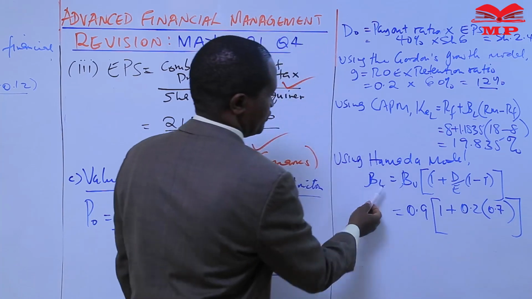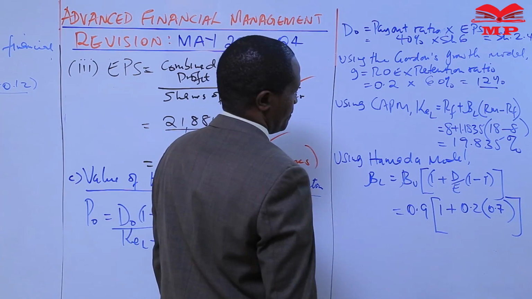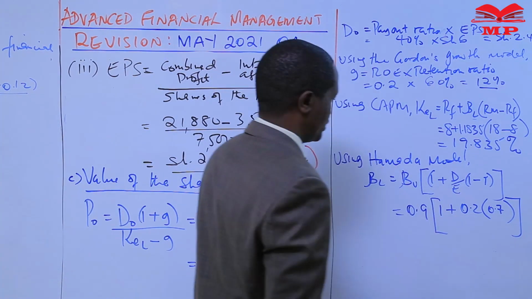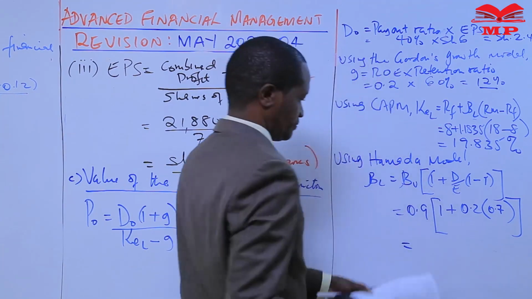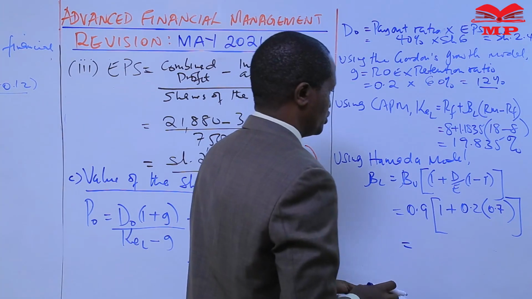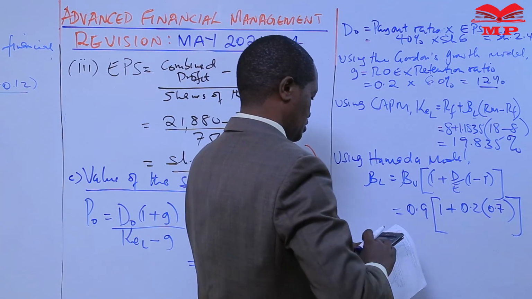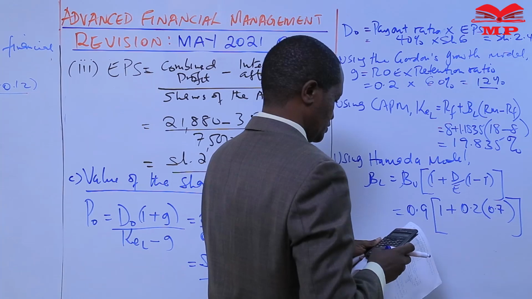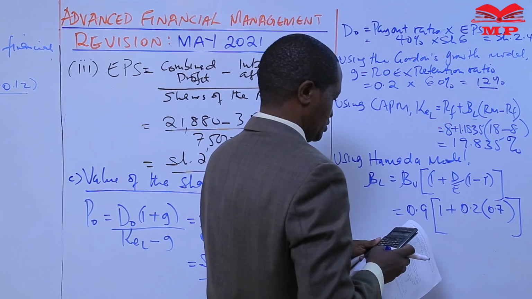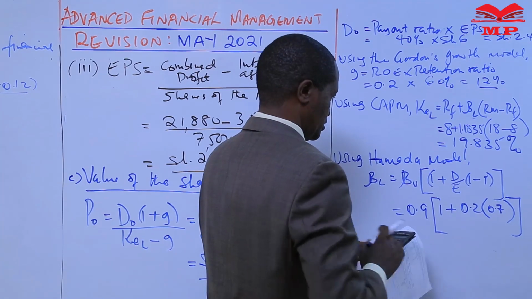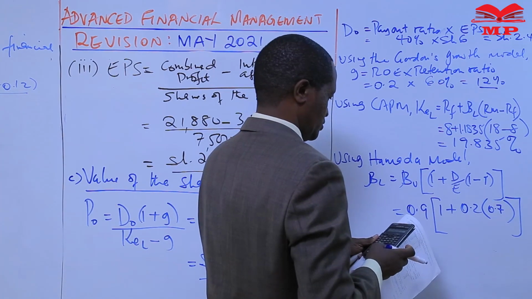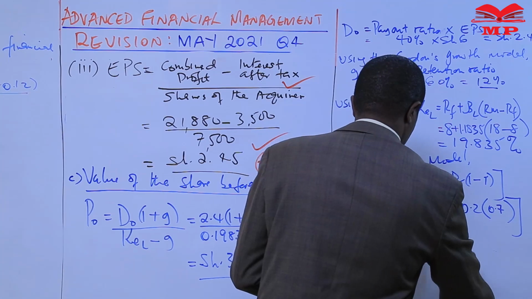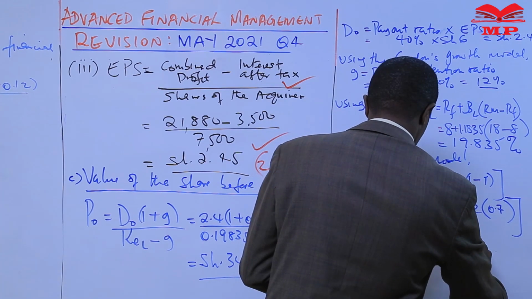So the beta for the levered firm after reconstruction will be 0.2 times 0.7, which is equal to 0.14, plus 1, which is equal to 1.14, times 0.9, which is equal to 1.026.